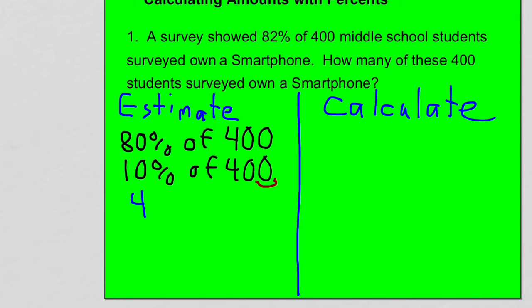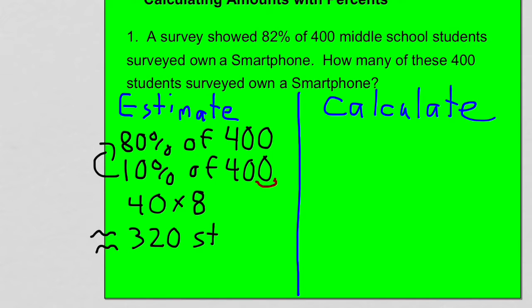And then to go from 10% to 80%, I would multiply by 8. So then approximately 320 students surveyed own a smartphone. So that's what we had previously been doing when we were estimating.